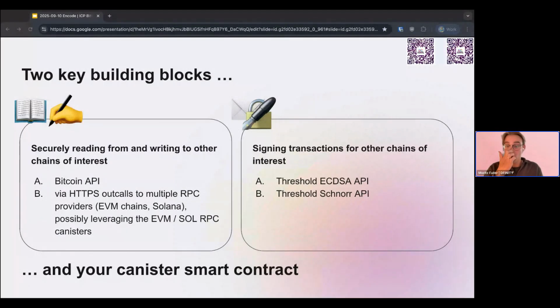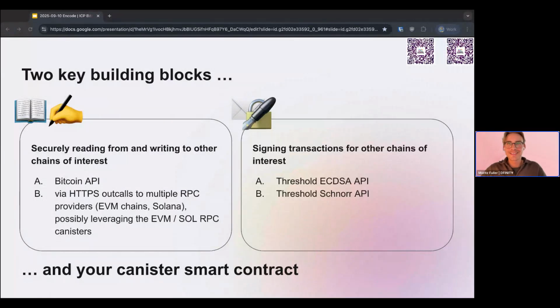And of course, for most chains to be able to write, you need, first of all, to have the, let's say, canonical currency, which in the case of Ethereum is Ether. And to spend that currency, or basically to sign a transaction that is then being included in a block, you need to be able to create a signature, obviously.